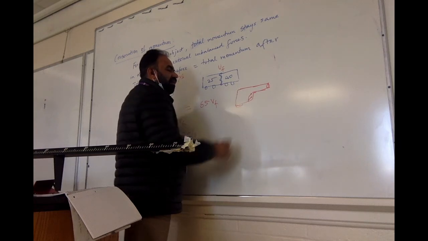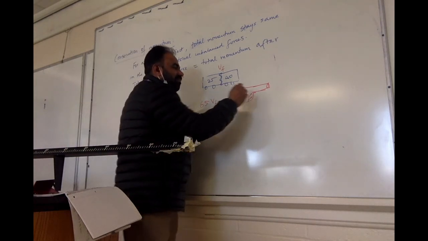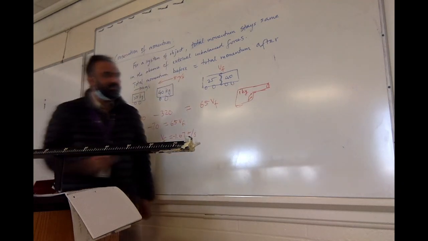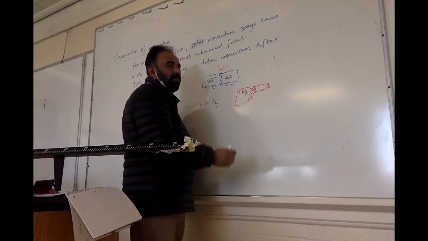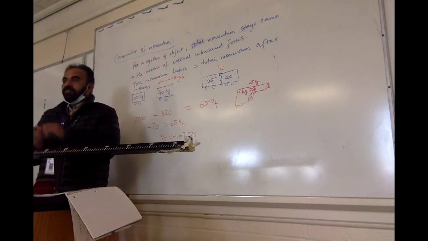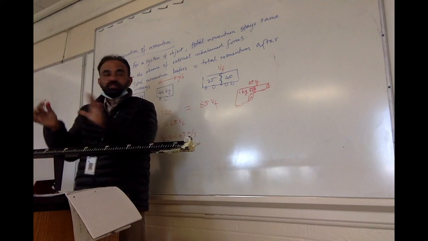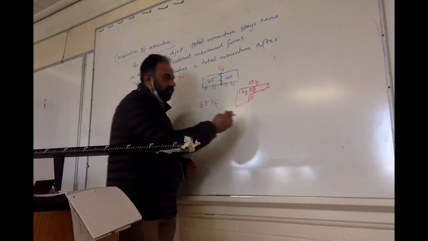Okay, gun. A 1 kilogram gun. And what is this? A bullet, a 25-gram bullet. So you have the gun and the bullet. They're both initially at rest. So what's the momentum of the whole thing before firing?